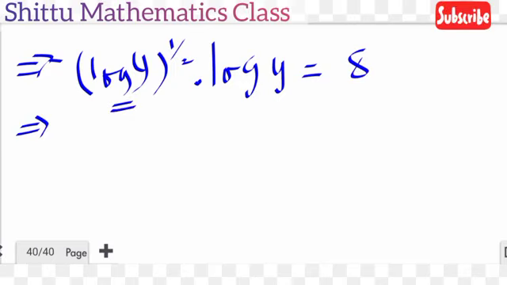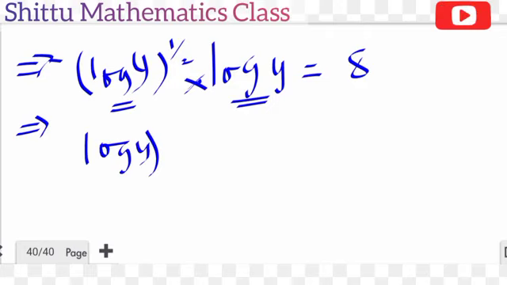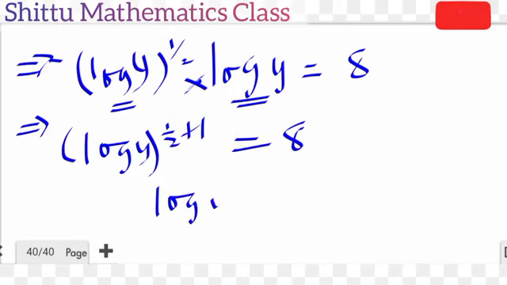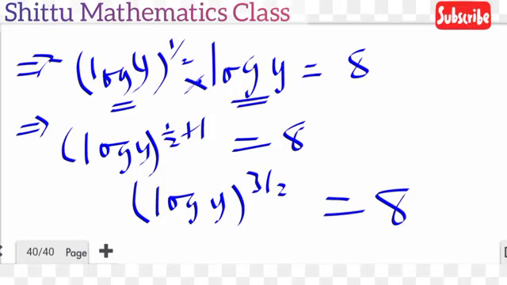They are the same base, and we have multiplication between them. Therefore we have log y to the power, in brackets, a half plus 1, equals 8. This is log y to the power 3 over 2 equals 8.